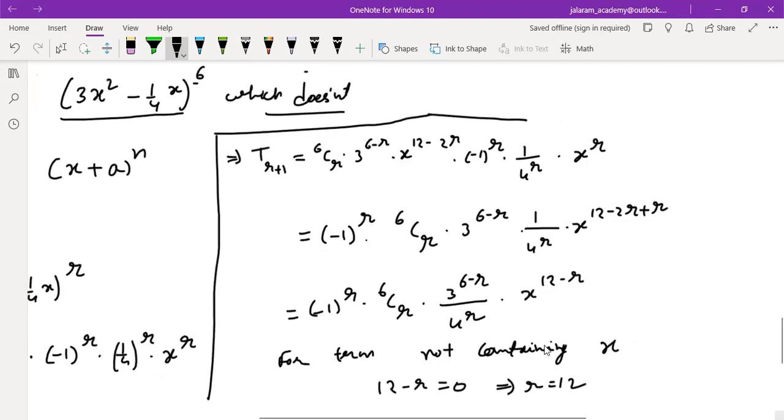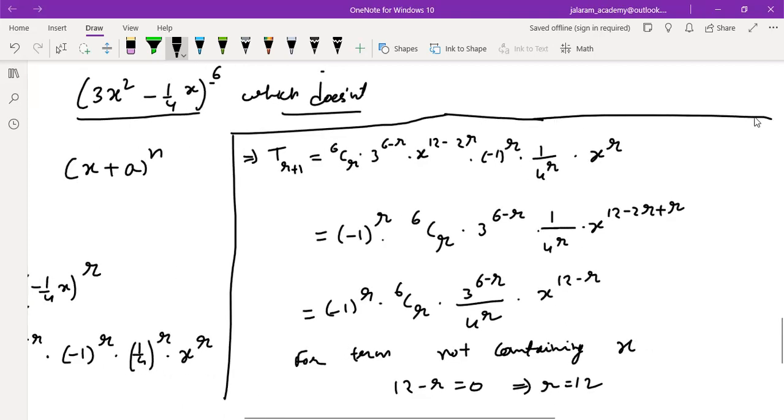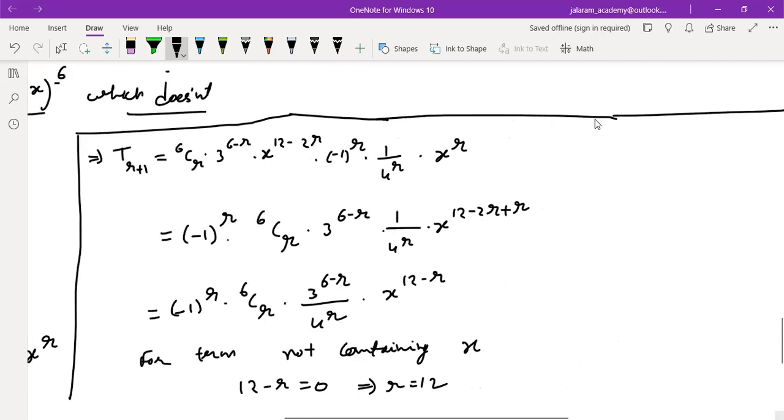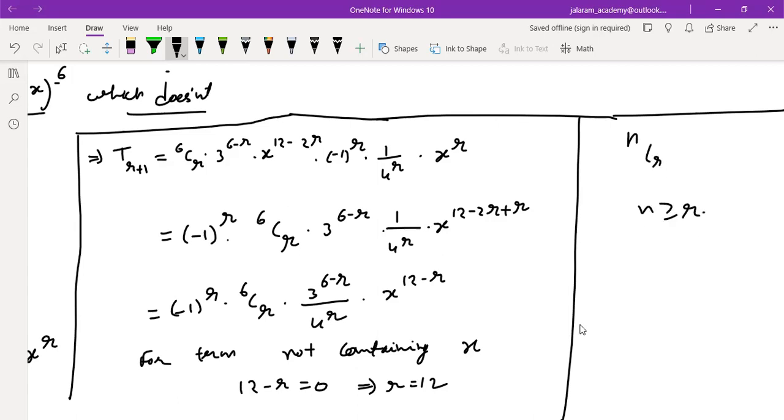So if r equals 12, what does it mean? It cannot be a term. Why? If you use r equals 12, 6C12 is not possible. In nCr, n is always greater than or equal to r; it is defined only when n is greater than or equal to r. Since it is giving r equals 12, there is no term in which this happens.